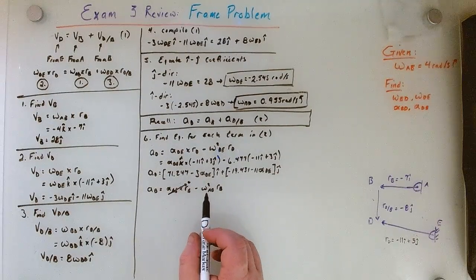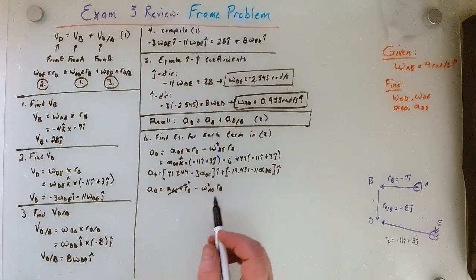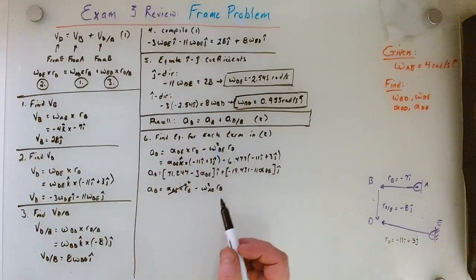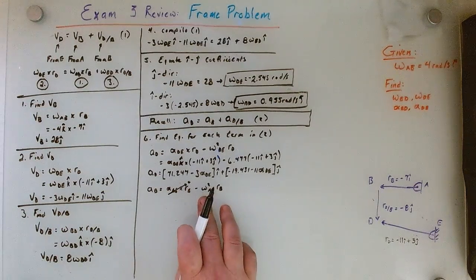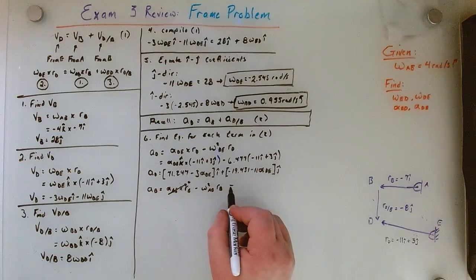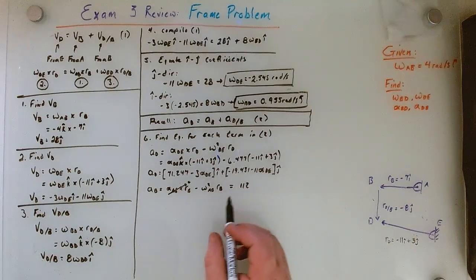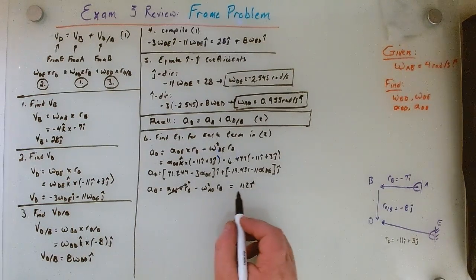So then this is minus omega AB squared. Omega AB is 4, so 16 times 7, it's minus 16 times minus 7. 16 times 7 is what? That is 112. So this equals 112, and that is in the I direction. Okay.